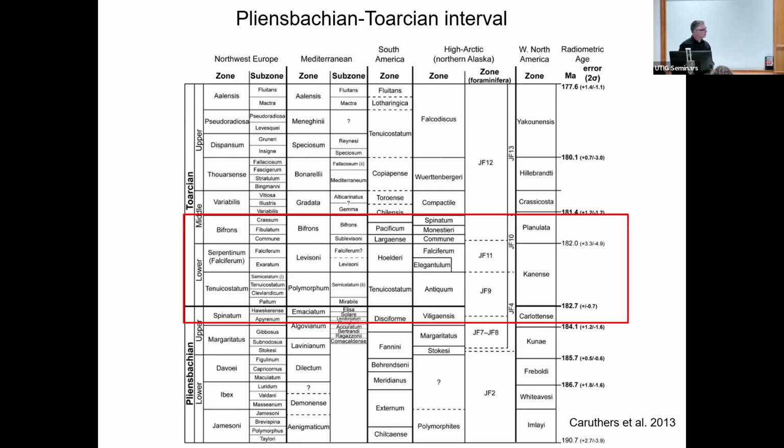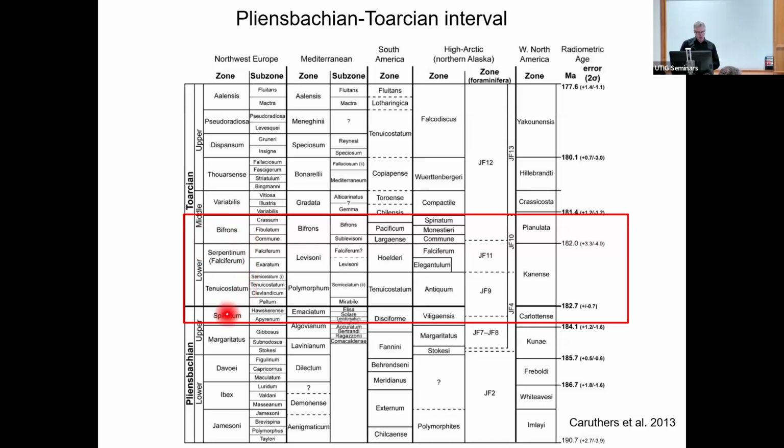The ones that we're going to be dealing with today, in the upper part of the Pliensbachian, are the Margaritatus and Spinatum zones. And then in the Toarcian, I'll be talking about the Tenuicostatum zone, the Serpentinum or Falciferum zone, and the Bifrons zone. And then I'll also be talking in some of the sections on the upper part of the Toarcian.